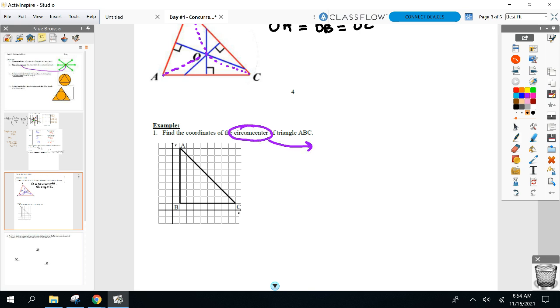Circumcenter. I'm thinking the intersection of what? Perpendicular bisectors. Now, good news. I don't need to go through all that midpoint, slope, negative reciprocal stuff here. What type of line is BC?